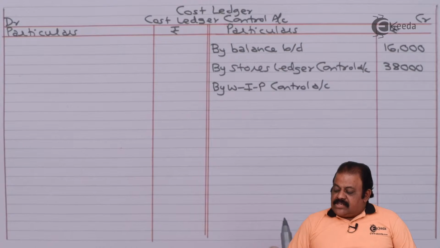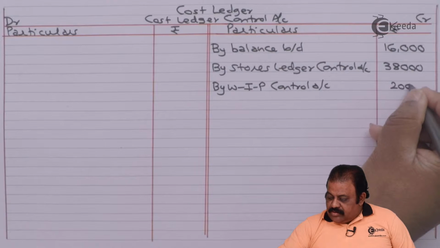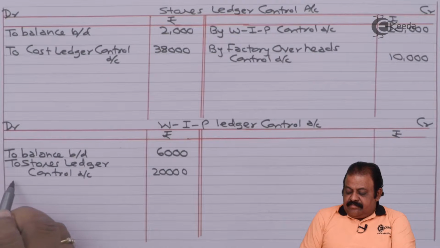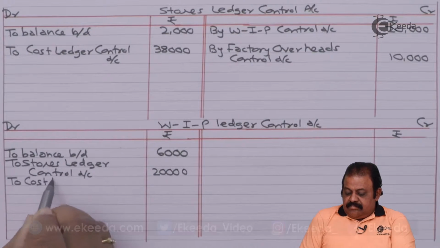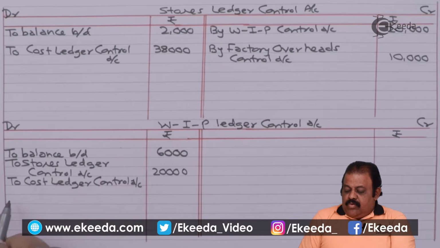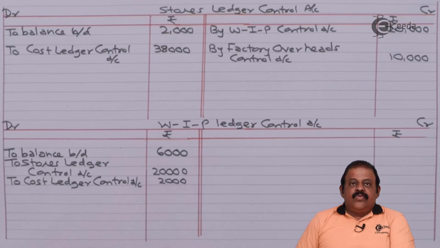By work in progress control account 2,000. In work in progress control account debit side, to cost ledger control account 2,000.